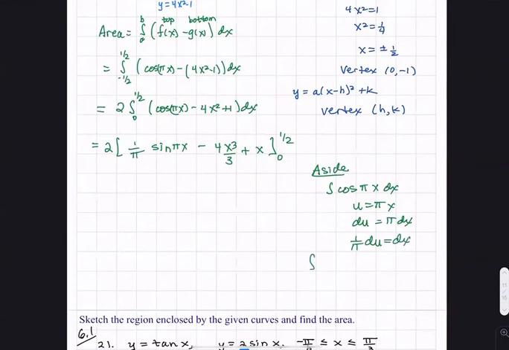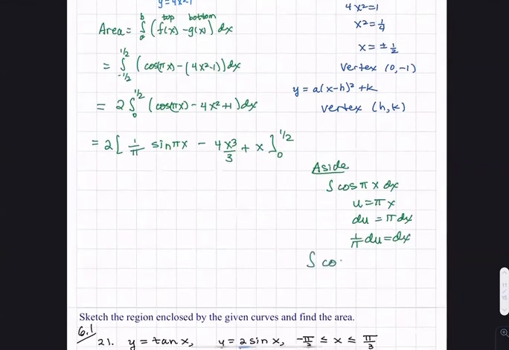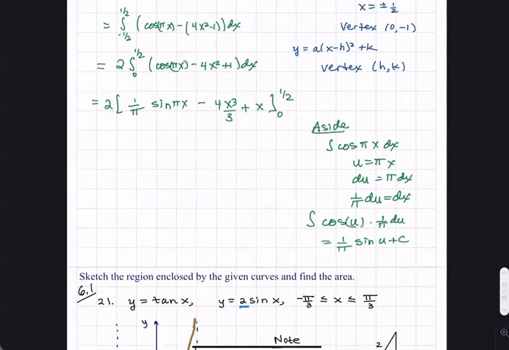So we have the integral of cosine u, and then dx is 1 over pi du. The antiderivative of cosine is sine, plus c, and we have that 1 over pi. So that makes 1 over pi sine pi x. So that's the substitution method.